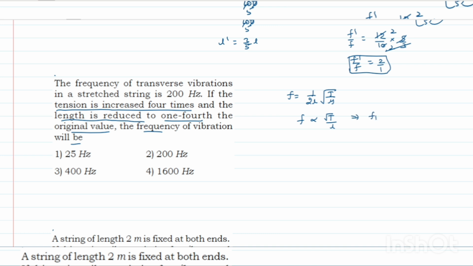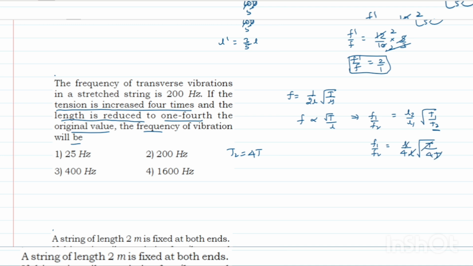So here F1 by F2 will be equal to L2 by L1 into root over T1 by T2. The length is reduced to 1/4, so it becomes L by 4, divided by L1, which is L, and the tension is increased to 4 times, so the second tension is 4T.